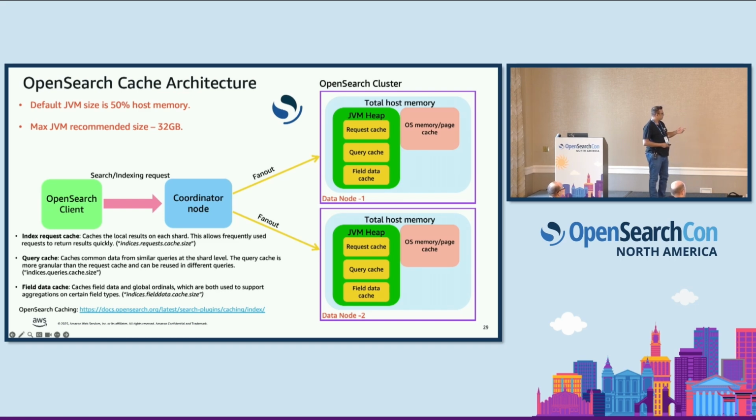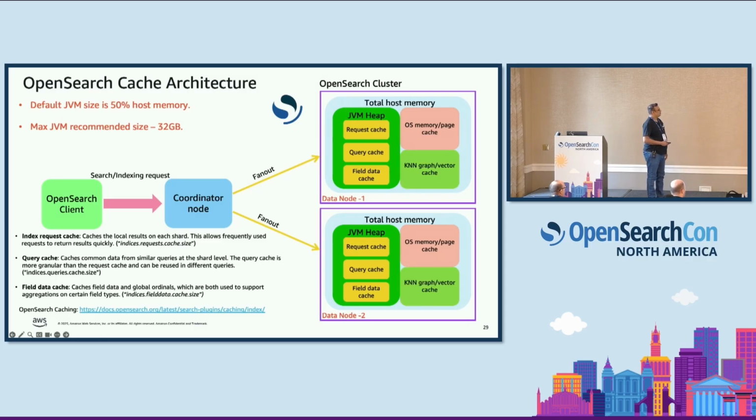And the third one is the field data cache, which is used for sort and aggregate operations for specific field types like text fields. The default values are enough for most use cases. However, you could tune that by checking the parameters shown in the brackets. The rest of the memory after allocating JVM is left for the operating system, like page caching and other use cases. This is very fundamental.